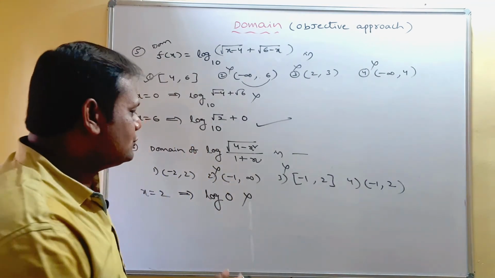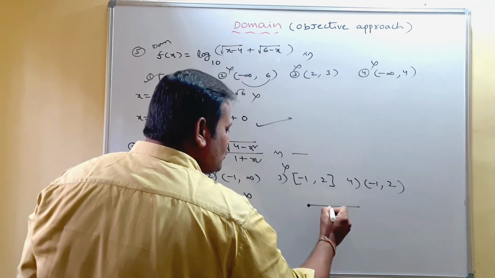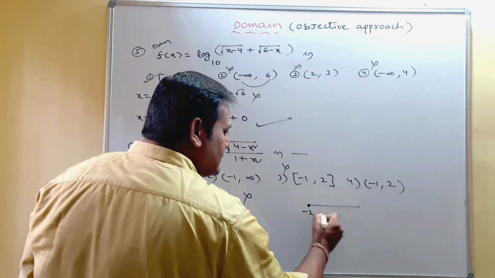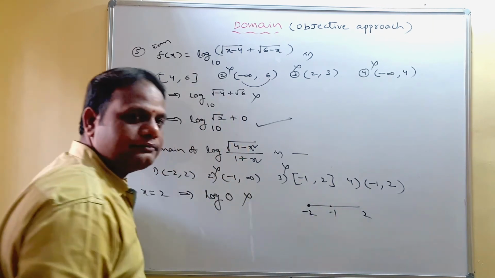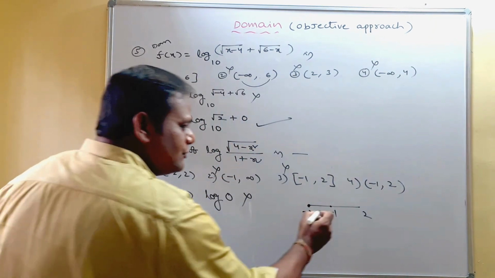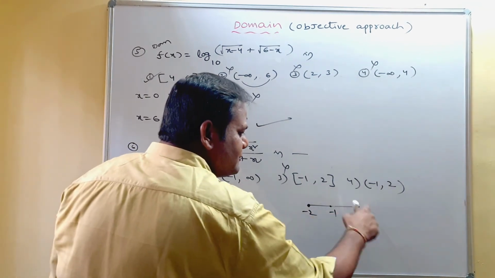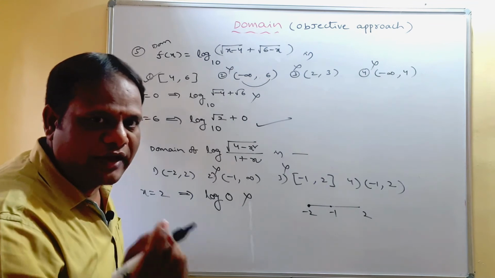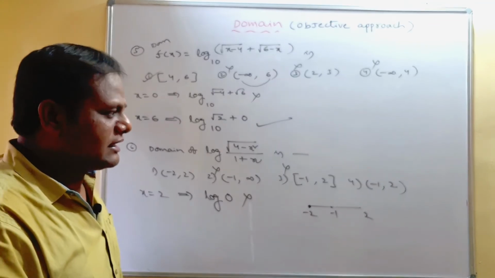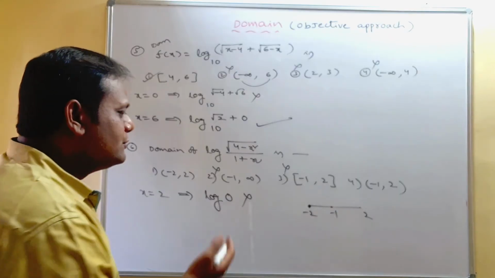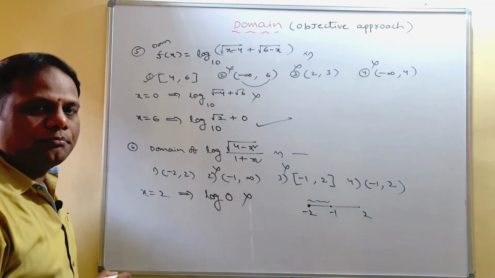Here you see that remaining what we have? Minus 2, 2. Is it right? So minus 2, 2 and minus 1. So one interval is minus 2 to 2. One interval is minus 1 to 2. You pick one value which is in one option and not in the other option. So you take one value between minus 2 and minus 1.